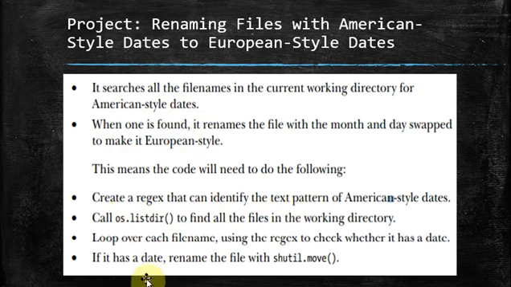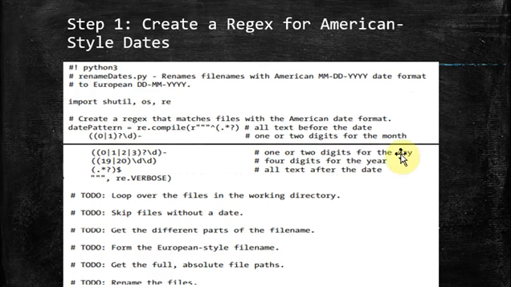If it has a date, then we rename the file using shutil.move. So these are the things this program is going to do. We'll see the programming code, each part step by step.